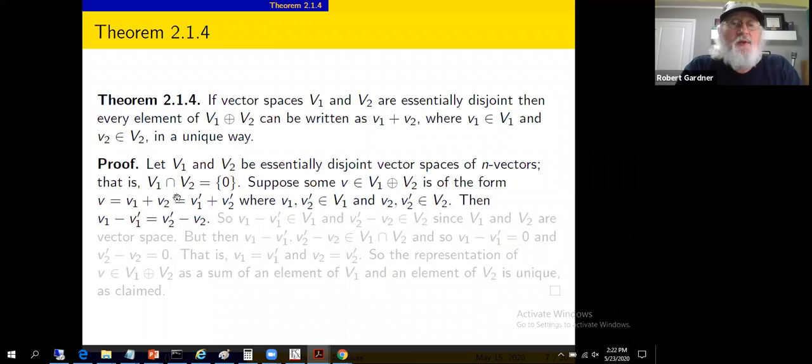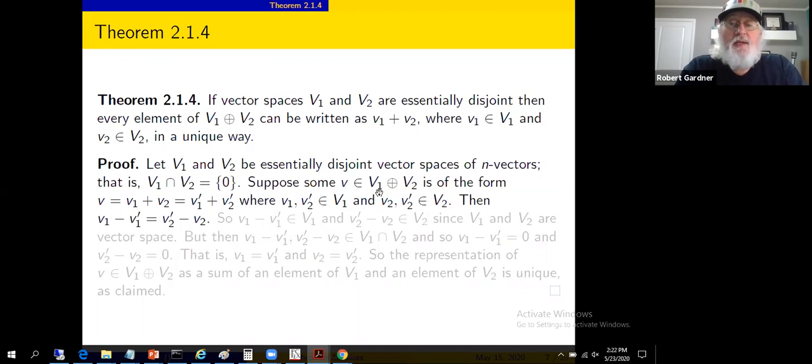Well, let V1 and V2 be essentially disjoint. That is, their intersection consists only of the zero vector. And suppose vector v is an element of the direct sum, V1 plus V2.